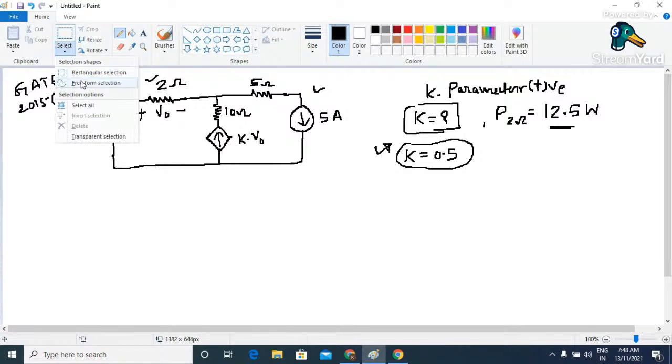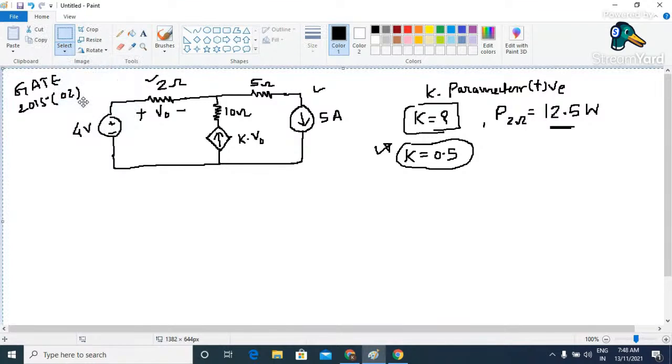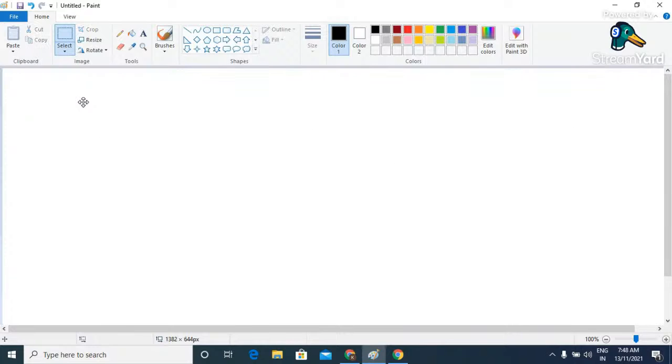Now let us discuss the concept of mesh analysis, or what exactly mesh analysis is. And then we are also going to discuss the concept of super mesh. So what is mesh? In the last lecture, I already told you that mesh is nothing but the smallest closed path available in a circuit which cannot be further classified.